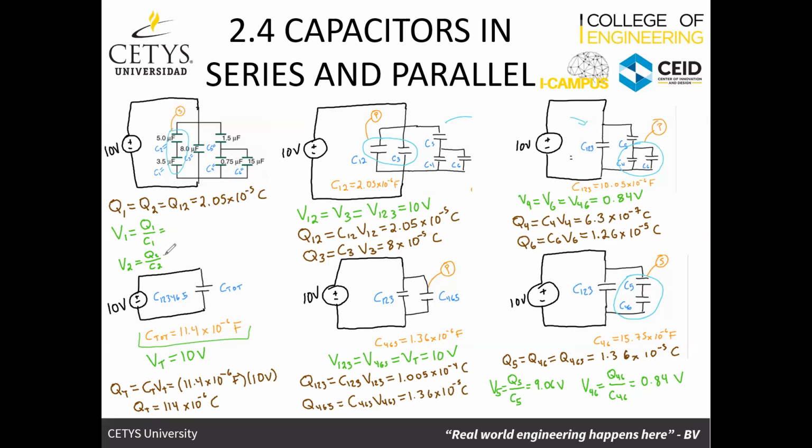Yes, go ahead, please. With the charge of 0.6. Okay, which one? Charge 6, this one? Yes. When they're in parallel, the charge is distributed, right? So if we have charge 465, we should be able to subtract either of the charges 4 or 6 and get the result.